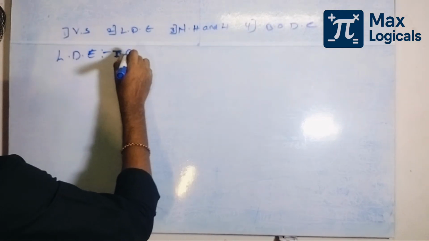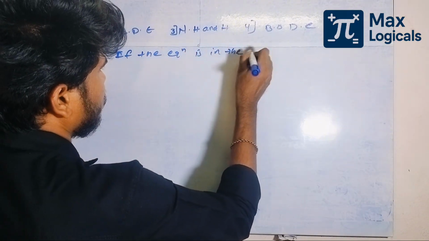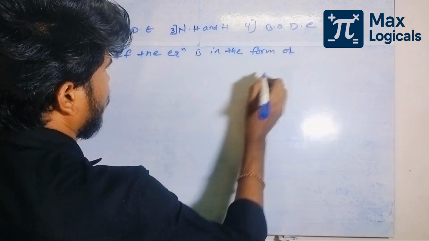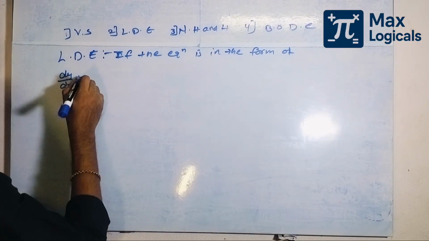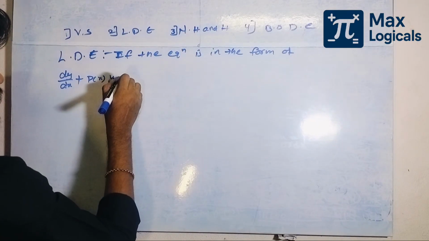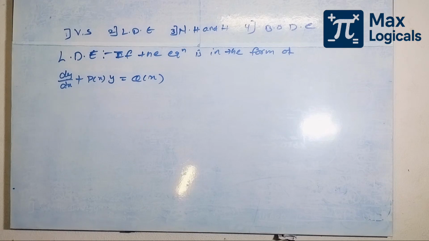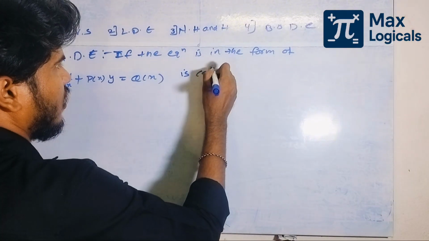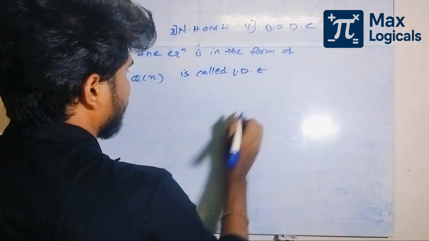If the equation is in the form of dy by dx plus p of x into y equal to q of x, it is called a linear differential equation.